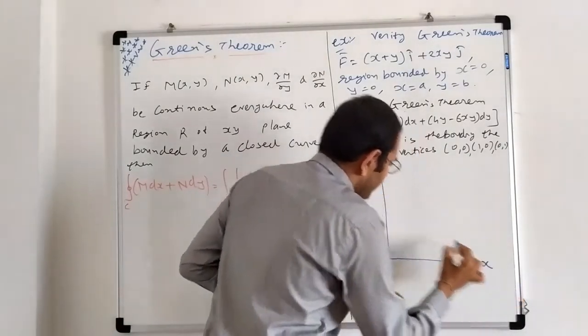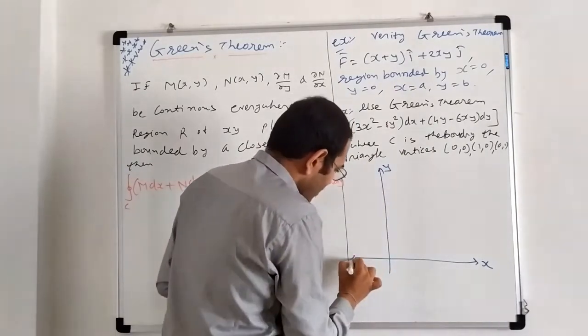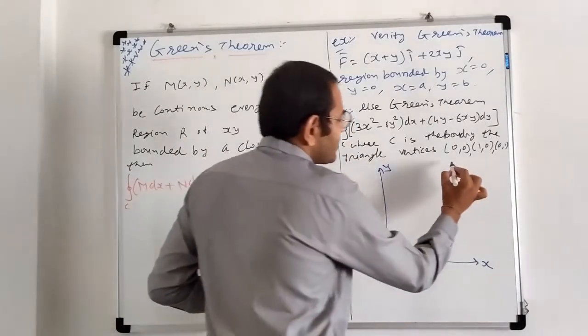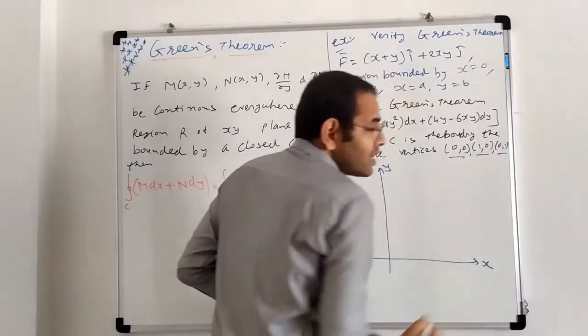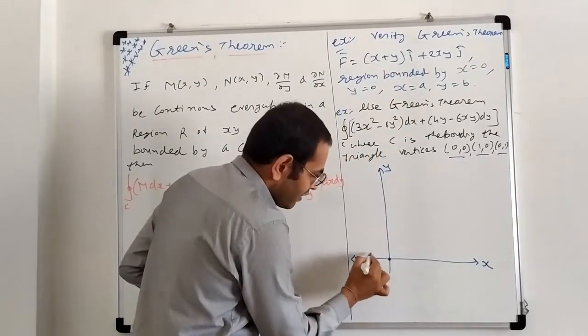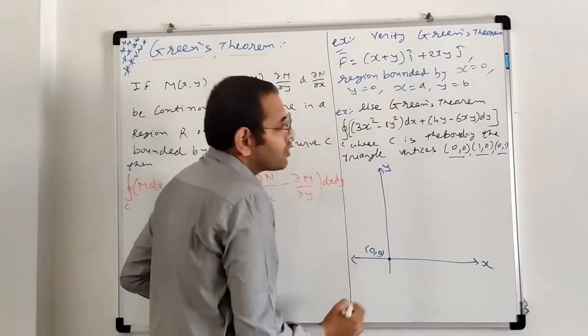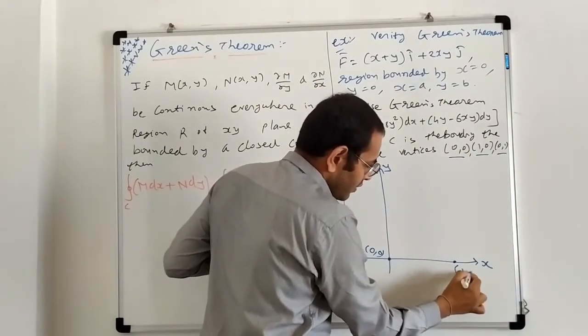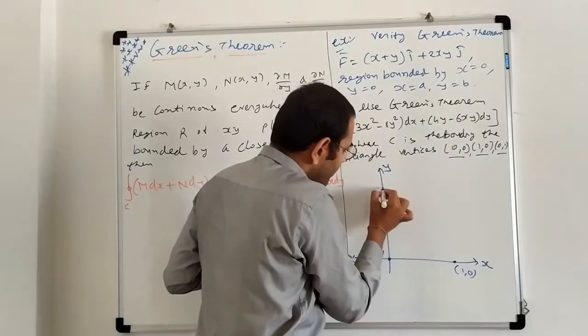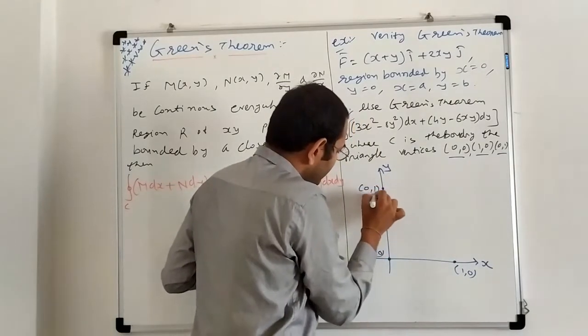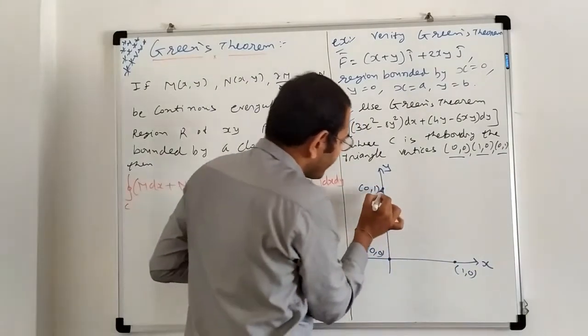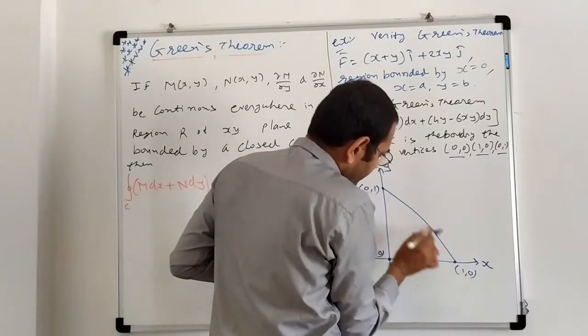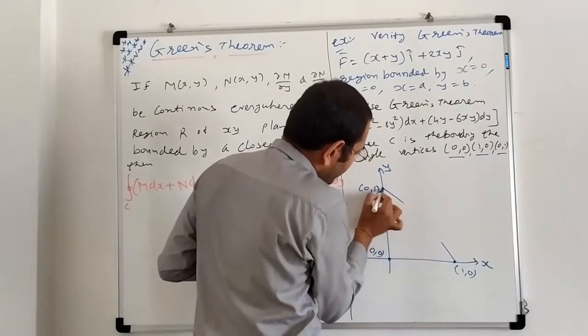That is our x-axis, that is our y-axis. Vertices are (0,0), (1,0) and (0,1). That is our origin (0,0), that is (1,0), that is (0,1). Then connect this line. That is a straight line.